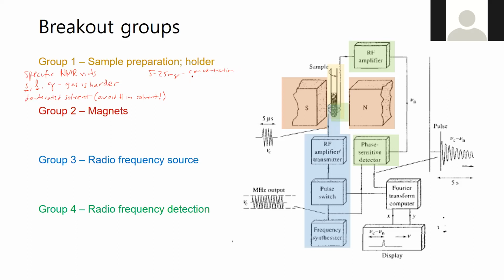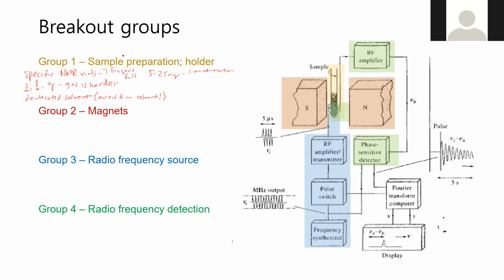Similarly, there's a certain amount of solvent that you want to put in there. There's a cute rule that some of us use called the 3-finger rule, where on a lot of these NMR tubes, because they typically have about the same diameter, you can stack up 3 fingers, and that's about the height of sample that you want.